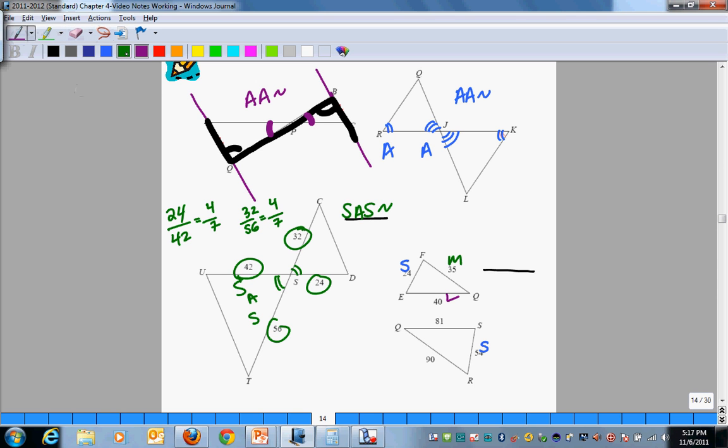Medium is green, medium, and large. So we're going to compare small to small, 24 to 54, and then medium to medium, 35 to 81, and then we're going to compare large to large, which is 40 to 90.